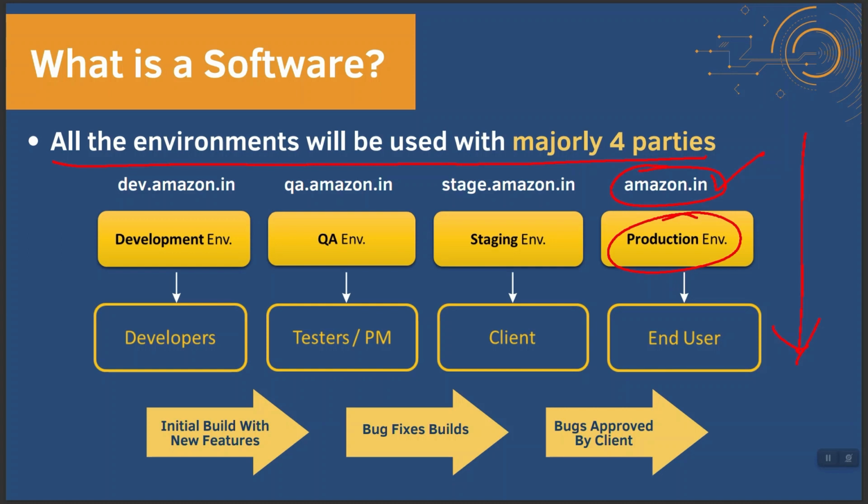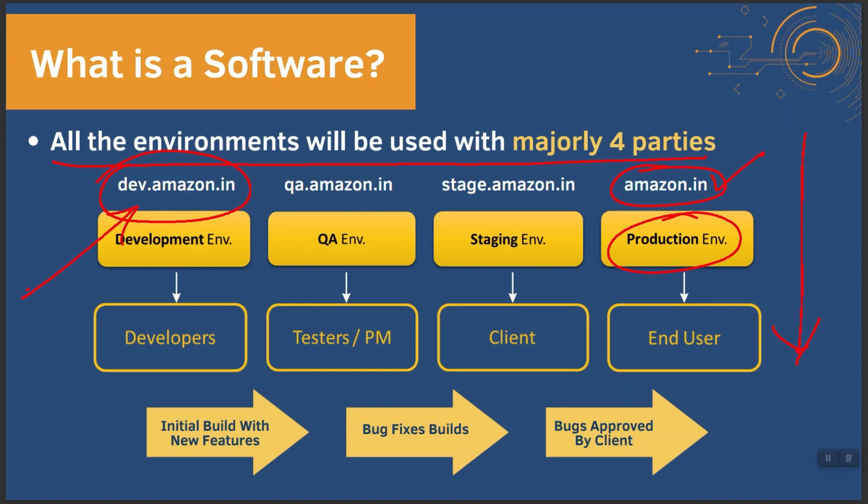But while it was in the development environment, the URL was dev.amazon.in. It can be anything else as well, but there will be a development URL to be hit by the developers to reach their own environment, wherein they are going to put all the changes in the previous code.